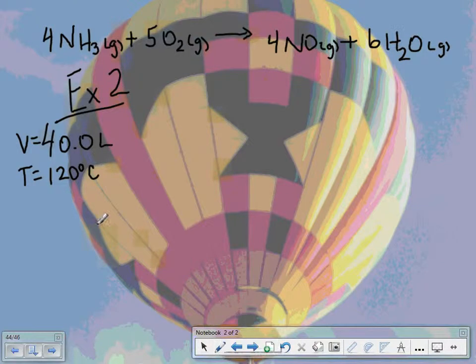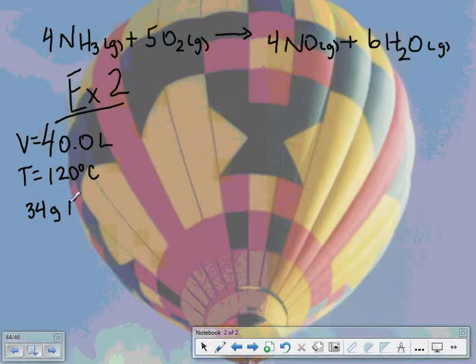And what's our question? What are we trying to find out? When 34.0 grams of ammonia reacts with 96.0 grams of oxygen, what is the partial pressure of NO in the sealed container?